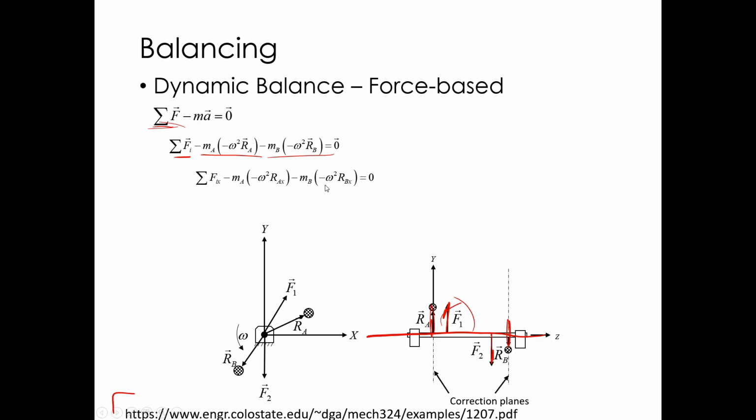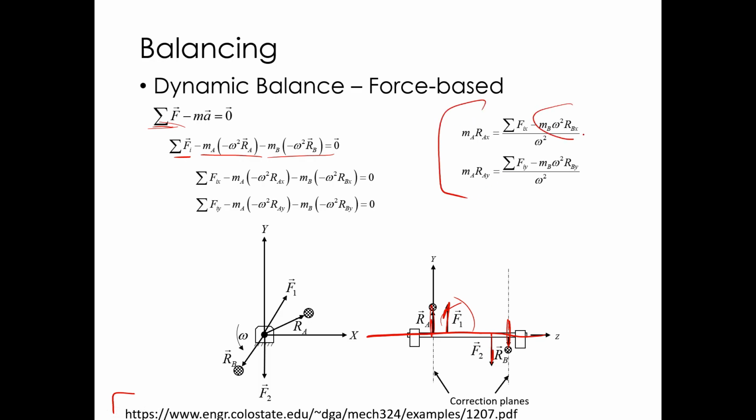We're going to have X and Y components for this, so X and Y components for this. We're going to solve for MARAX and MARAY in this, and we're going to get stuck here because we don't know what's going on with the B balancing weight. So we'll have to come back to this.